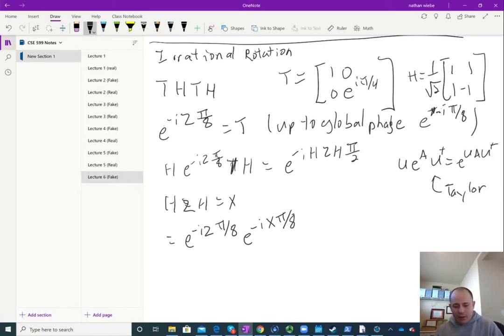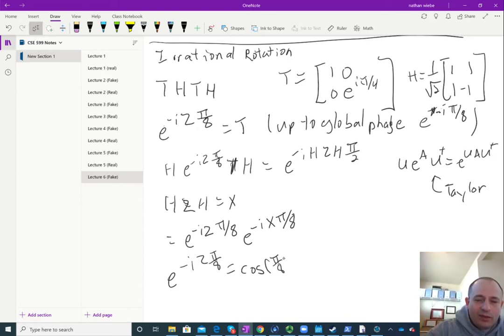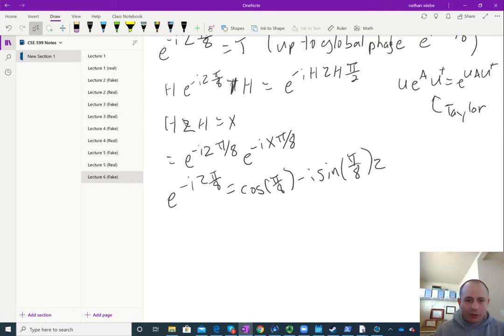Now, we can expand these out using the fact that e to the minus i Z pi by 8 is equal to cosine pi by 8 minus i sine pi by 8 Z. We can use this, and similarly for X, in order to come up with an expression for this rotation angle.